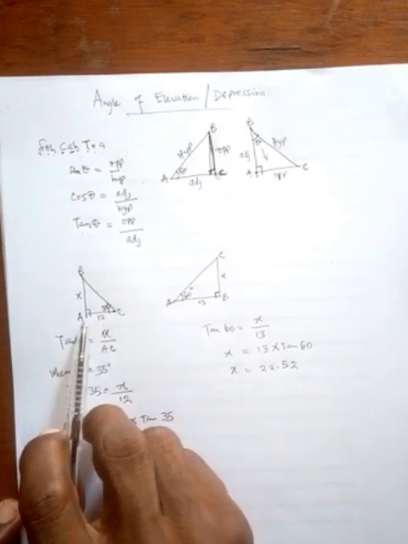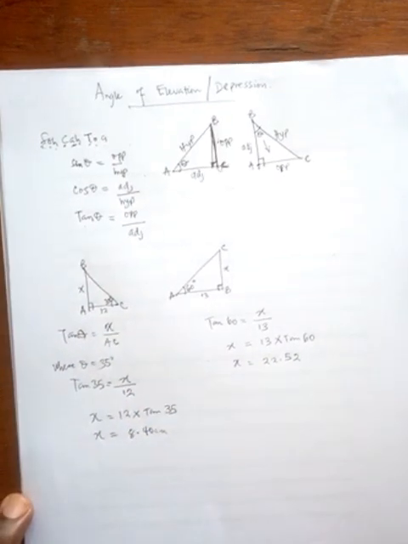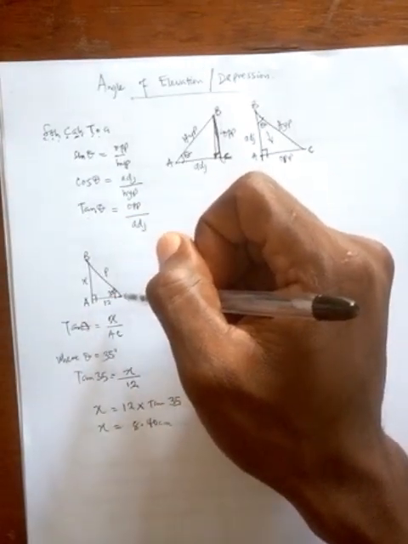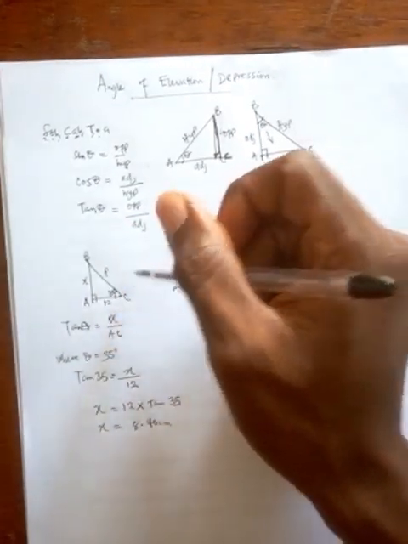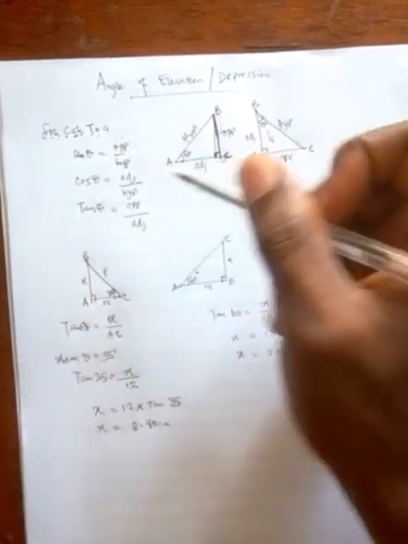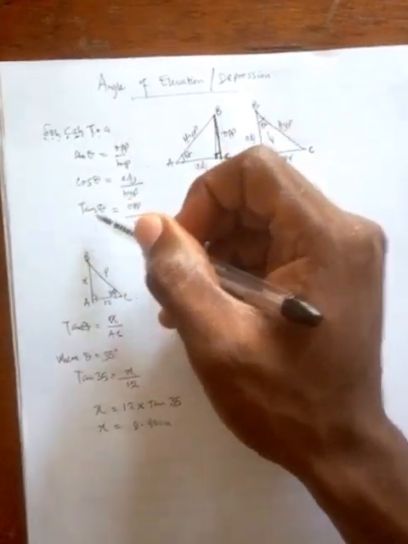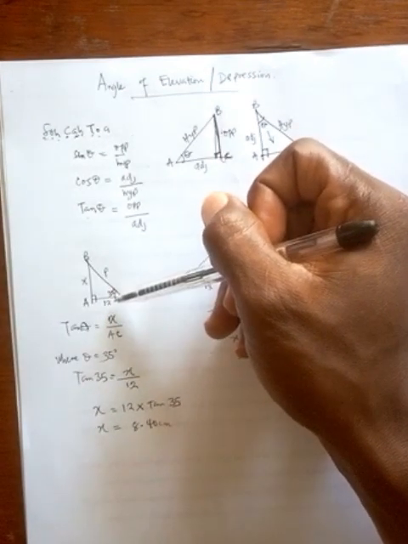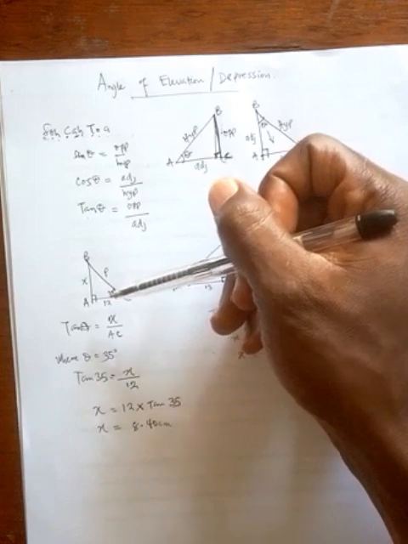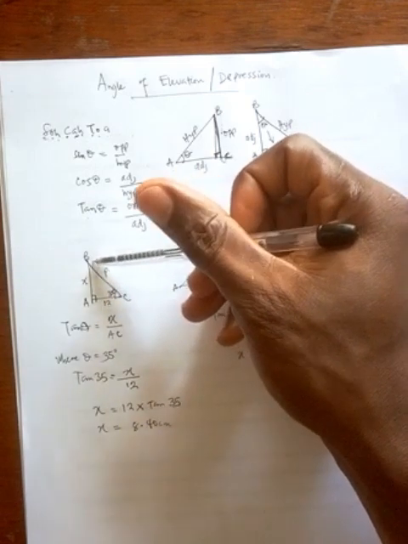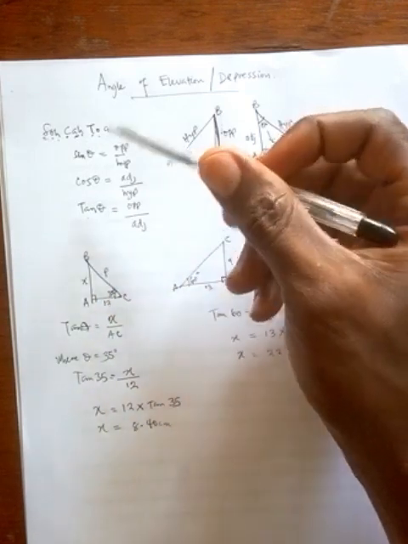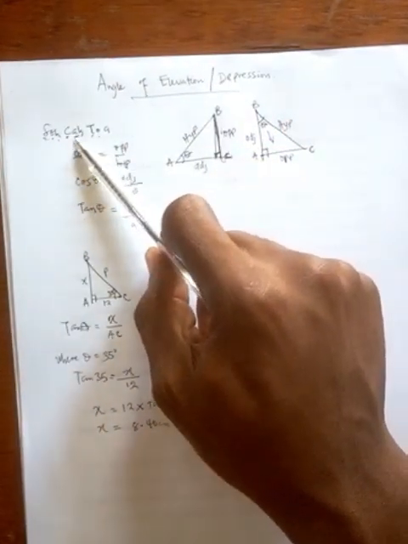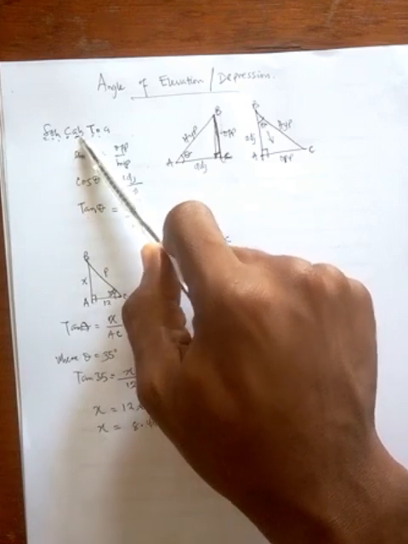Now let's come back to this triangle. Assuming we are asked to find side P, that is line BC, which of these are we going to use? Is it the sine, the cosine, or the tangent? So let's see. Our angle of reference is 35. We have the adjacent side given to us, and side P is the hypotenuse side. So which of these has adjacent and hypotenuse? It is the cosine, adjacent over hypotenuse.